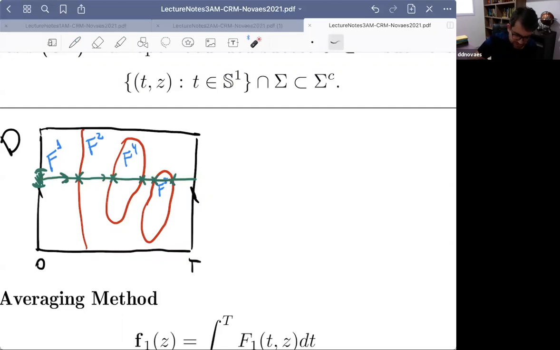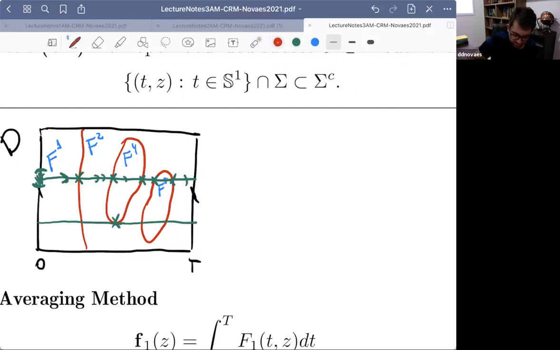In order that this intersection happens only at crossing regions, we just have to assume that the discontinuous set does not have something like this. Let me draw here, for instance, at this point, this line wouldn't intersect the discontinuous set in a crossing region.